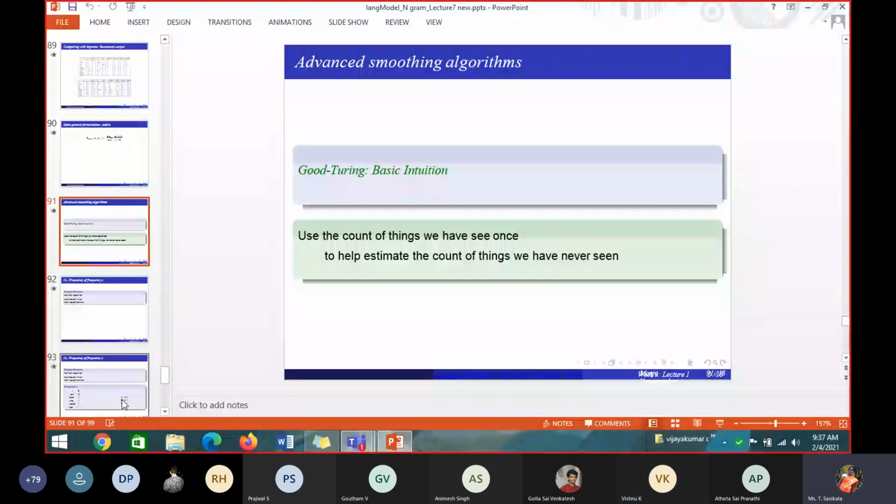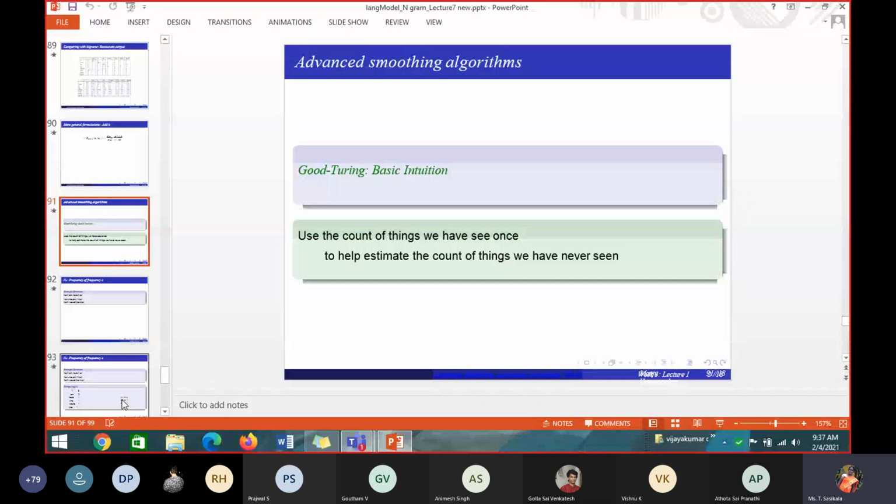Similarly, use what you have seen twice to estimate the things you have seen once in the training data. Good. So this is the concept of Good Turing smoothing.